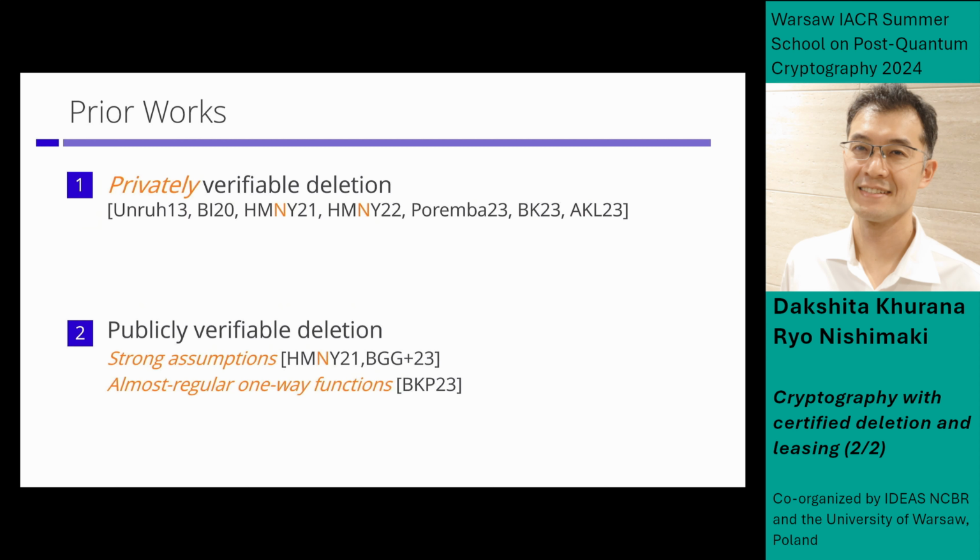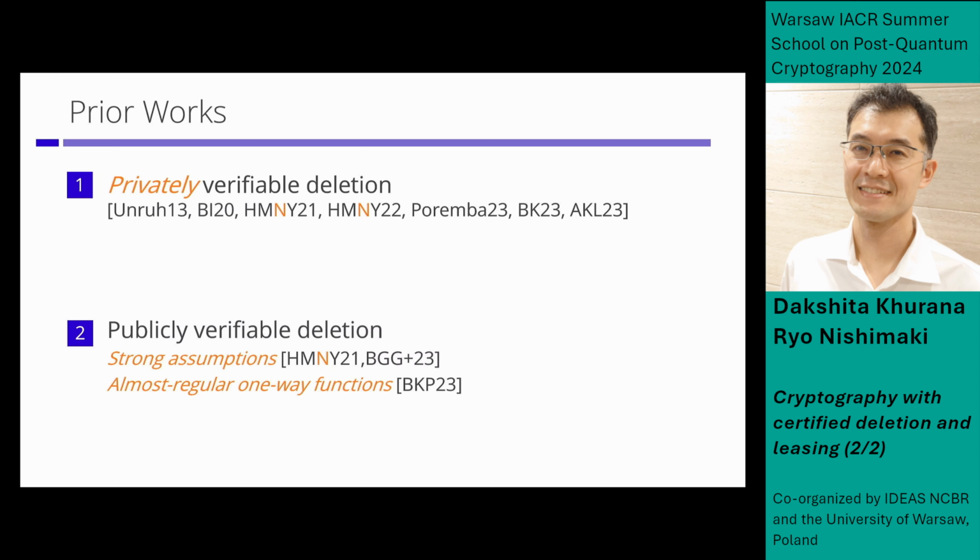Prior work: what I explained is privately verifiable. We need to keep the private verification key VK. In previous works, public verification was achieved using strong assumptions like extractable witness encryption. Later, Bartusek, Khurana, and Poremba improved the assumption.